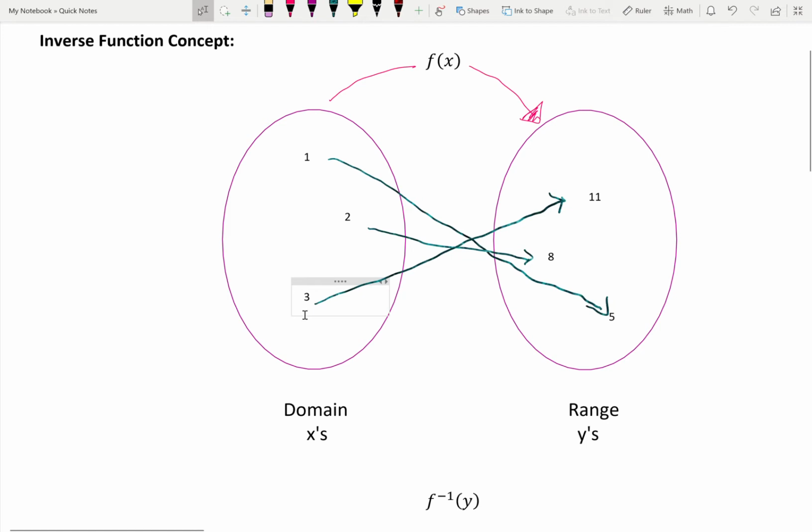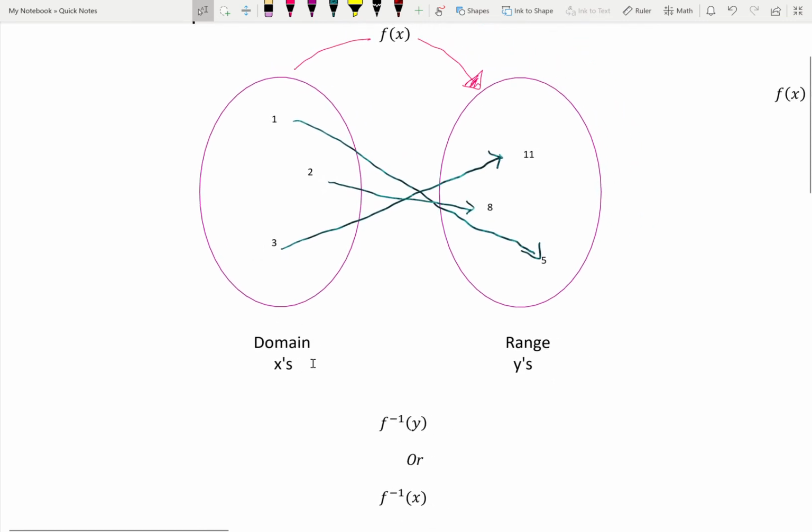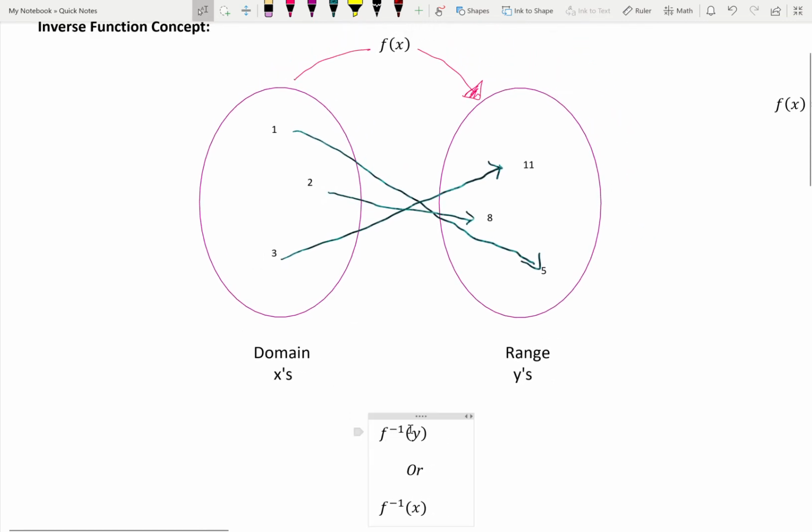You'll see the inverse function is usually denoted with f and a -1 up here. Some instructors give it an input of y, and some put it in terms of x, so it's really up to them. But the general concept is this: it takes an element from the range and maps it back to some element in the domain.